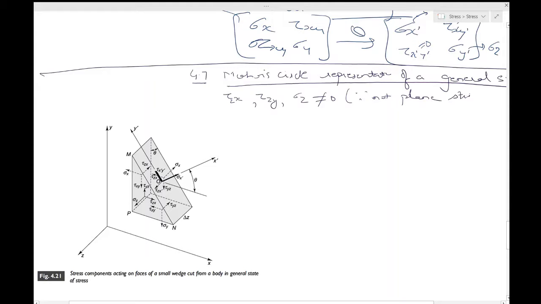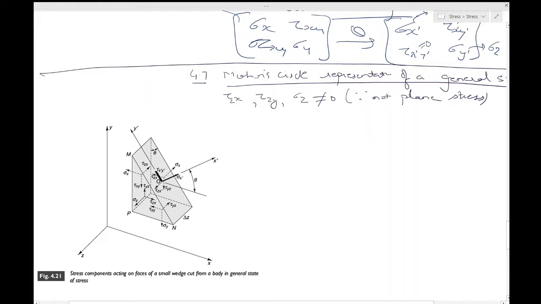Because in plane stress, if you remember, all the stress components which had a z in them were 0, and we had seen this in the earlier classes. That is a situation in which the state of stress may be said to be perfectly general.